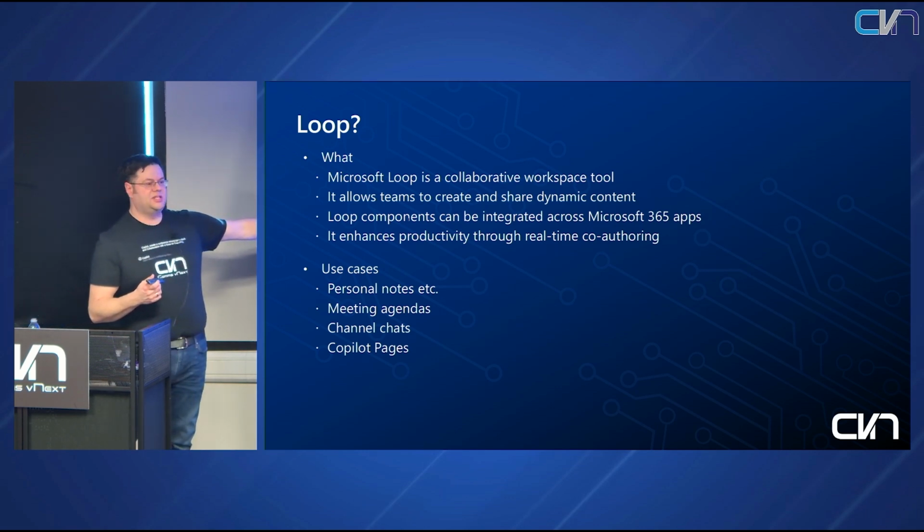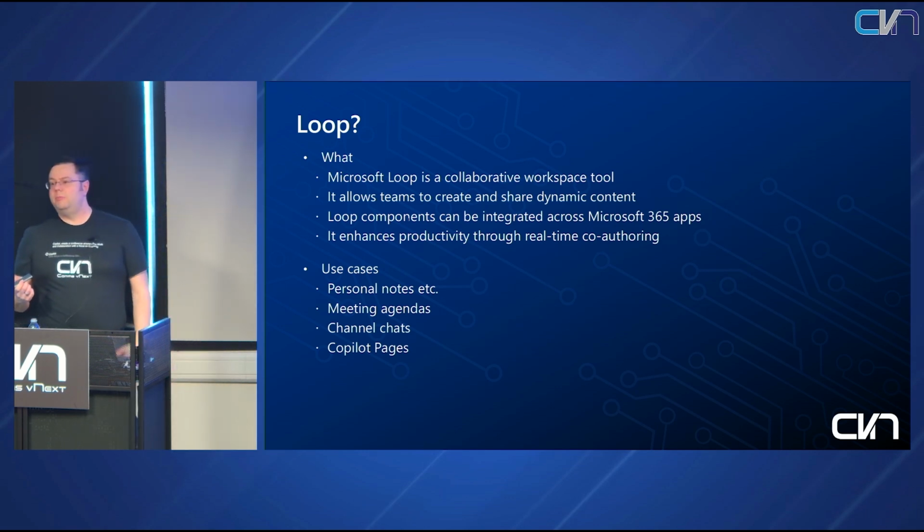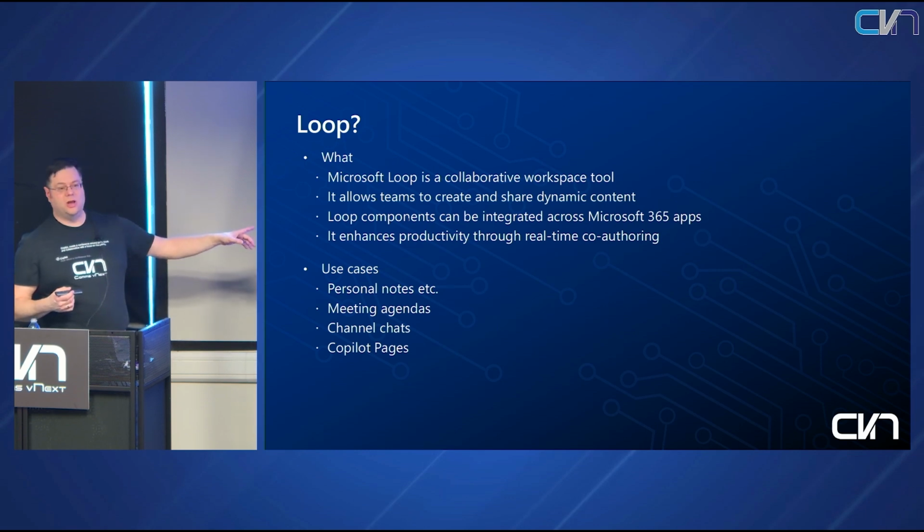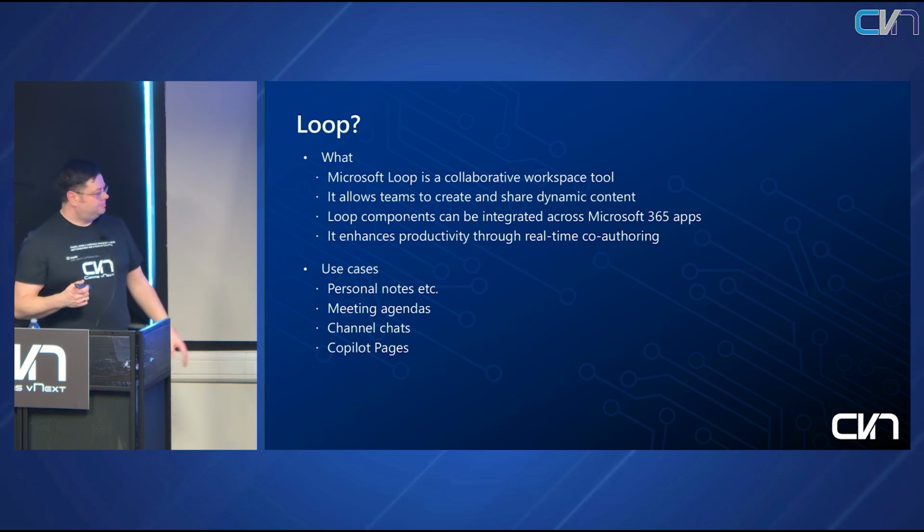Meeting agendas, like I said, is quite a nice one. You can throw them in as a meeting agenda. Be careful because of that external sharing. It doesn't really work so well if it's an external meeting because the person who receives that won't be able to view the Loop component. But if you're doing internal meetings, it's quite a nice use case.